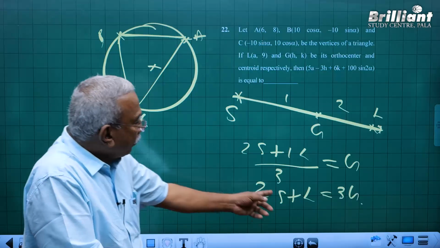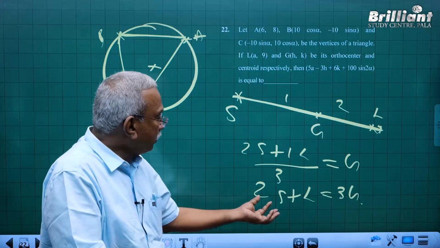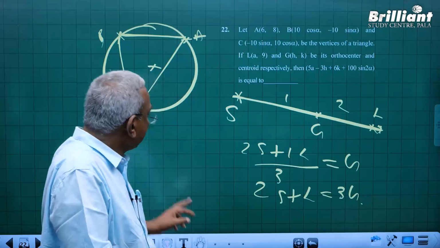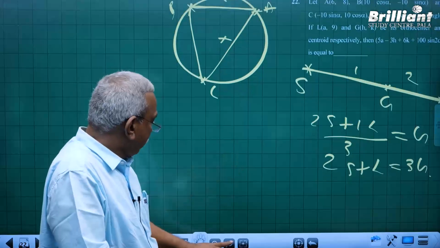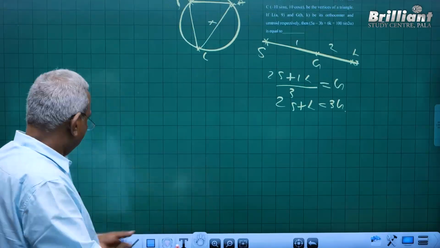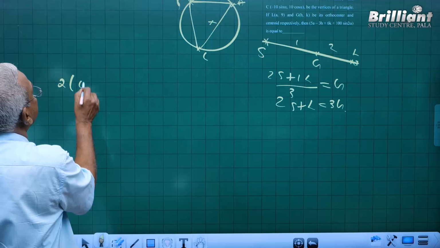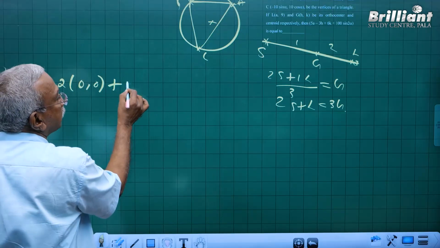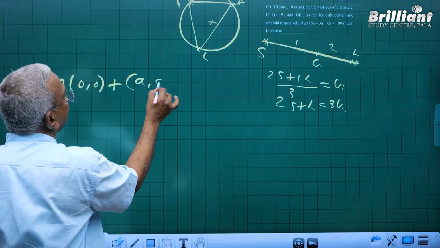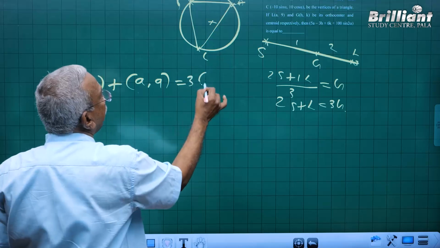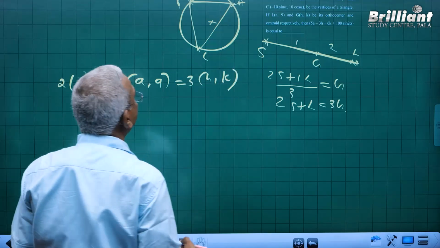If S is the origin (0, 0), then when you replace these coordinates, it is 2 into circumcenter (0, 0) plus L, which is (a, 9), equal to 3 into (h, k).